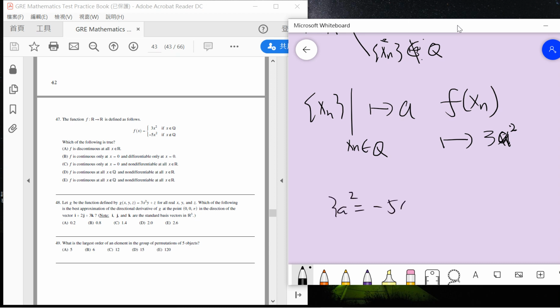So the only points which are continuous are where a squared equals 0. So the only point is a equals 0. So 0 is the only point which is continuous. So we say A is not correct. B may be correct. C may be correct. D is not correct. So we are left with 2 choices, B and C.